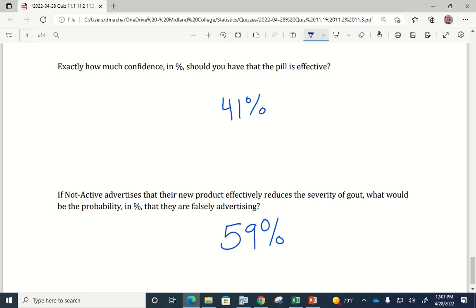I mean, that really represents no confidence. So my point in showing you this example is that if your confidence is less than 50%, or if the probability of a type 1 error is greater than 59%, then you have no trust.